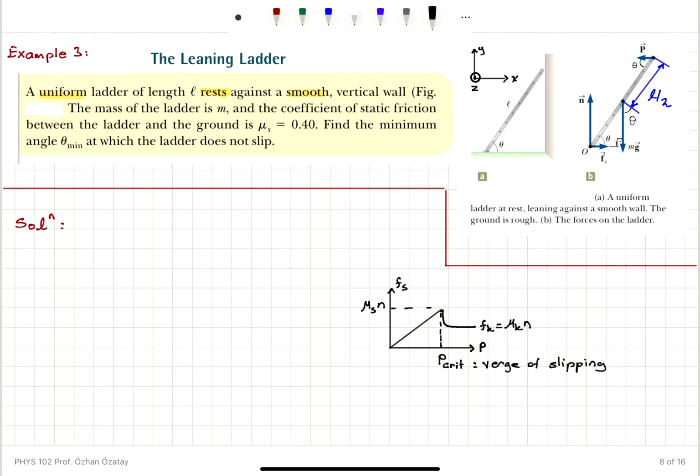Okay, so let's start with noting that we have the ladder at rest, and therefore we must have static equilibrium.